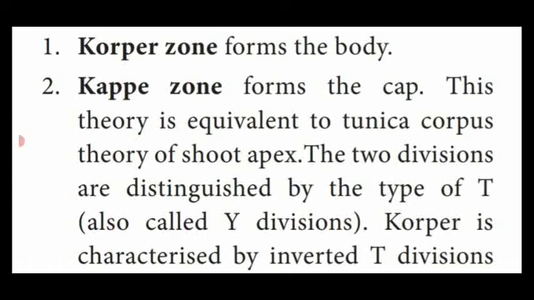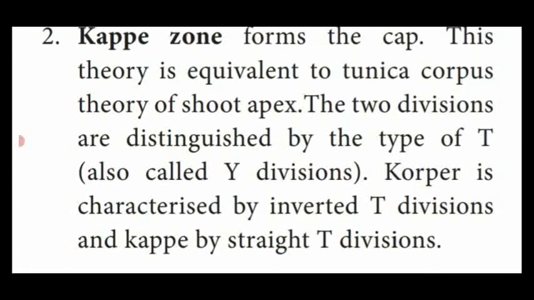The 2 zones are distinguished by the type of T division, also called Y division. Korper is characterized by the inverted T division, and the Kappe by the straight T division. So Korper is denoted as the inverted T division, and Kappe is the straight T division or Y division.